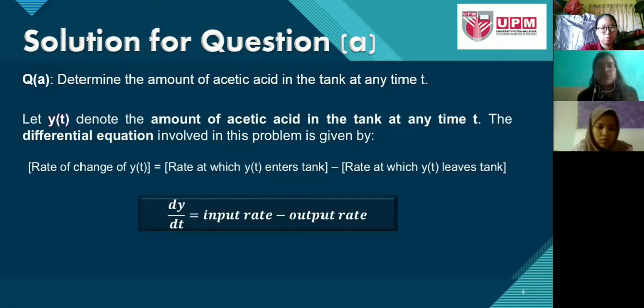The differential equation involved in this problem is: the rate of change of y equals the rate at which y enters the tank minus the rate at which y leaves the tank. To put it more simply, dy/dt equals input rate minus output rate. So next.